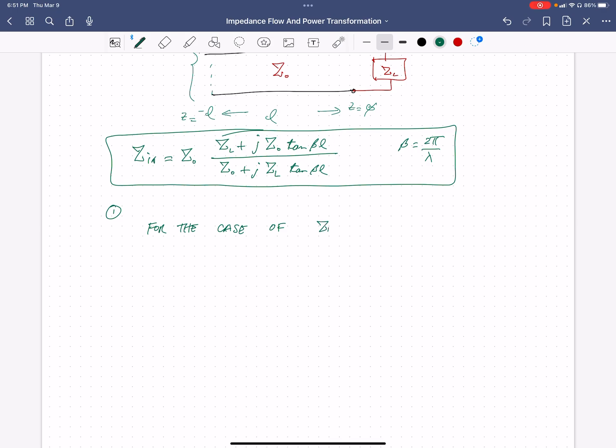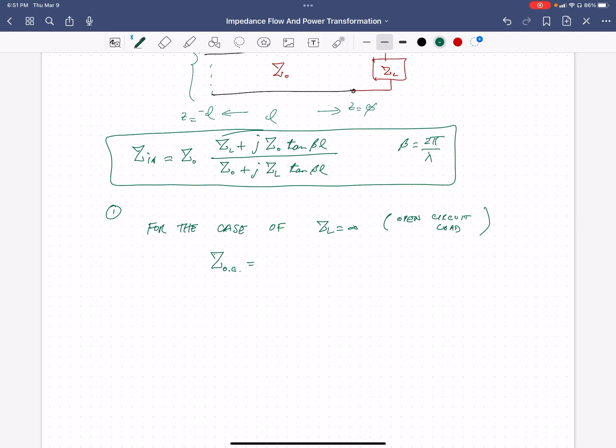For the case of Z sub L being infinity, or an open circuit load, I'm going to call that special case Z open circuit.